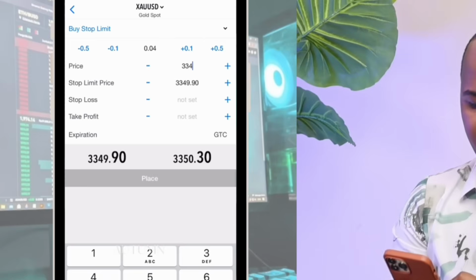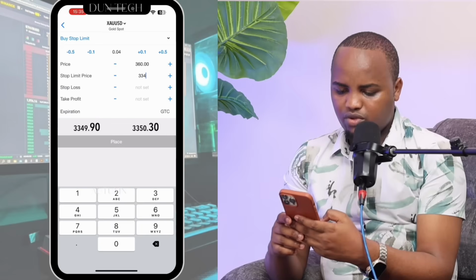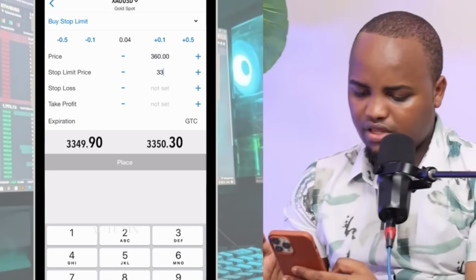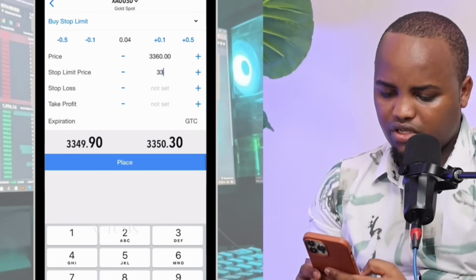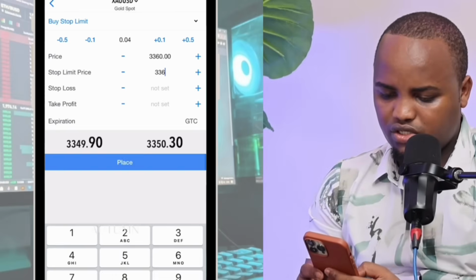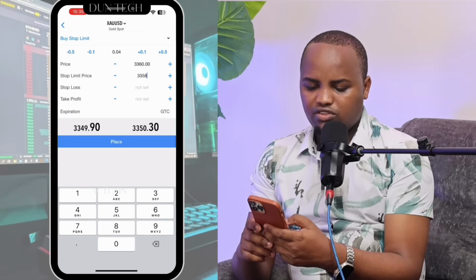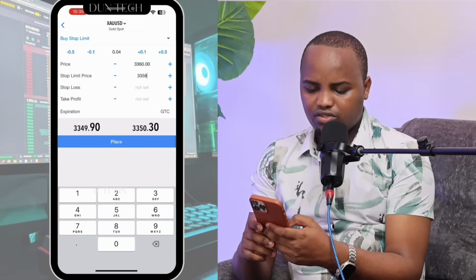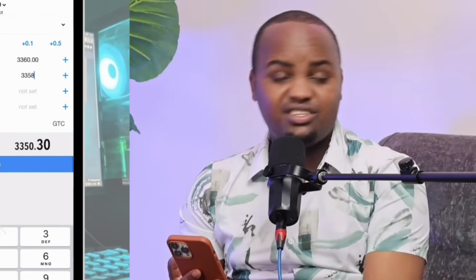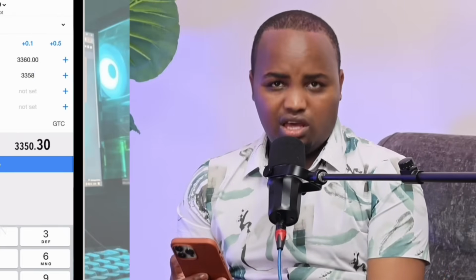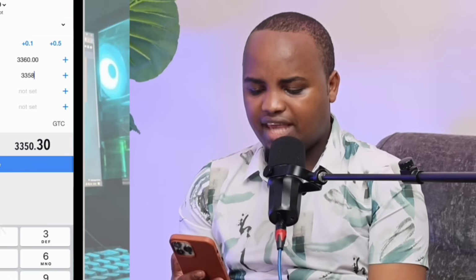For example, we can have 33.60 as the price, and this should be 33.62, around 33.58 as the stop limit price. So you want to buy in that region, so that when the price drops or moves higher, you are not going to buy from that market.